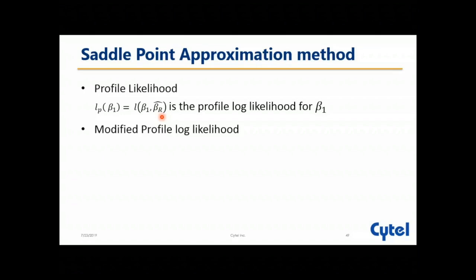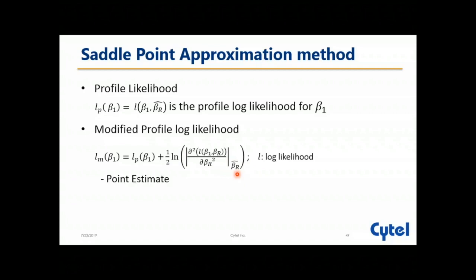In the modified profile log likelihood, the original profile log likelihood will remain, and as we have said, one extra higher order term will be added. The second derivative term with respect to the remaining betas will be added and computed at the maximum likelihood estimates of the remaining betas.